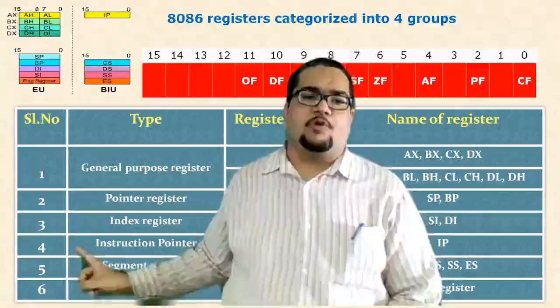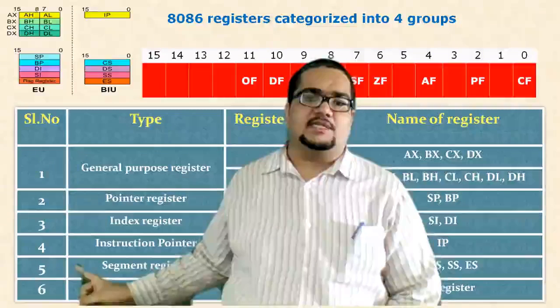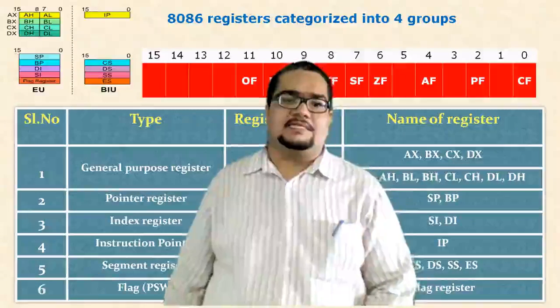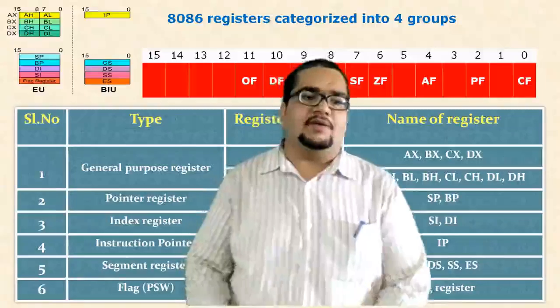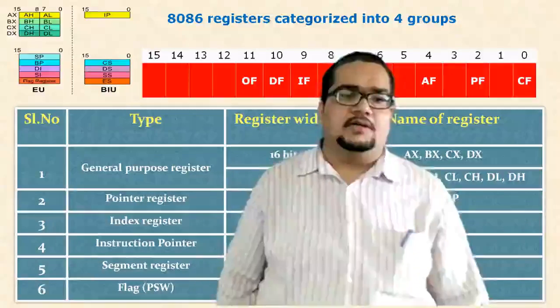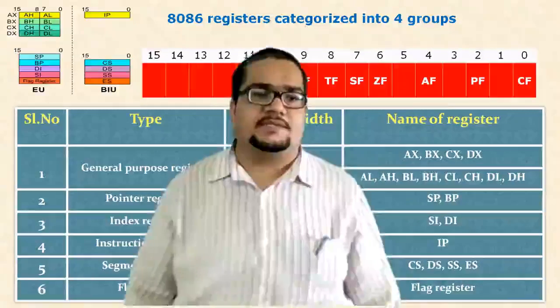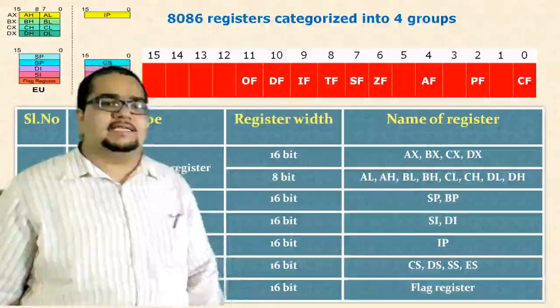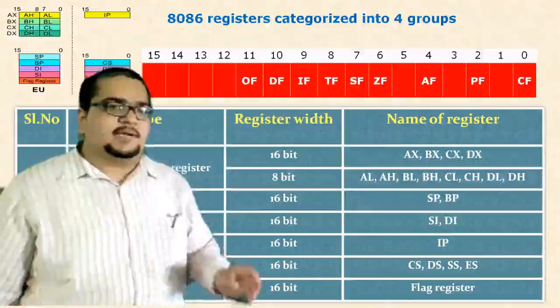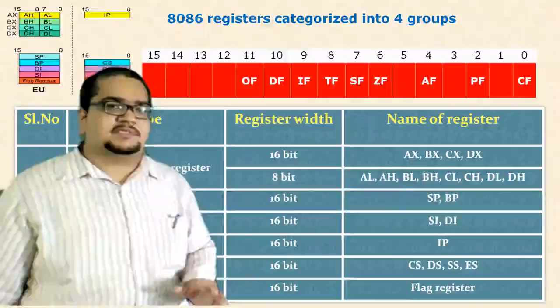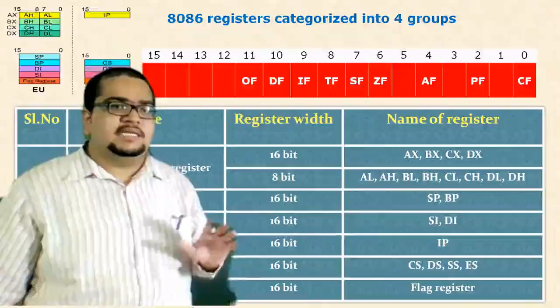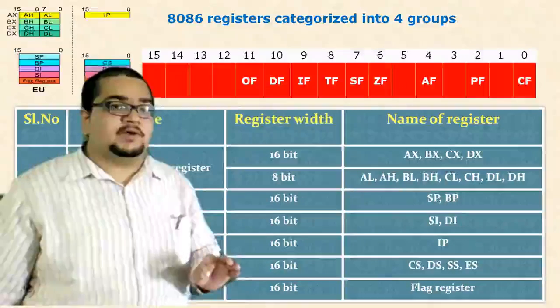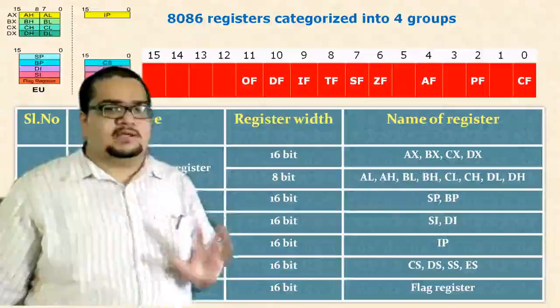Then the instruction pointer, IP. We have segment registers, 4 of them: CS, DS, ES, SS. And finally we have the flag register, the flag bits. These are the categorizations for ease of understanding.